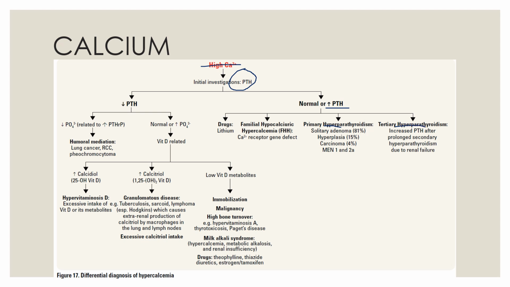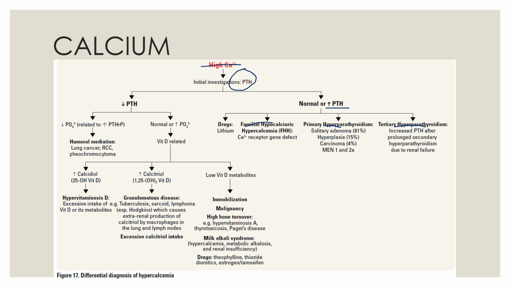Tertiary hyperparathyroidism is increased PTH after prolonged secondary, when there is no control from the higher centers. The parathyroid is on its own, so it keeps on producing parathormone and increasing calcium.